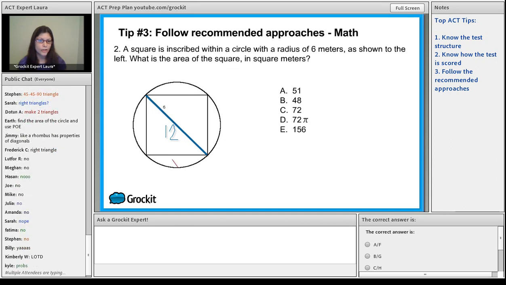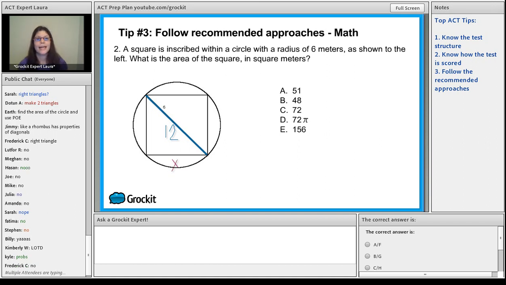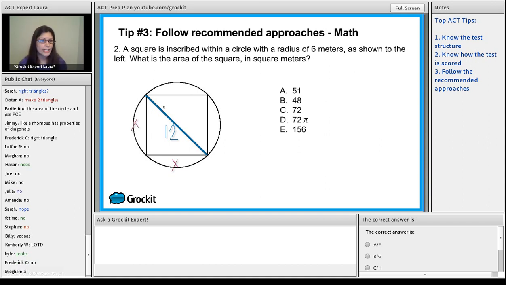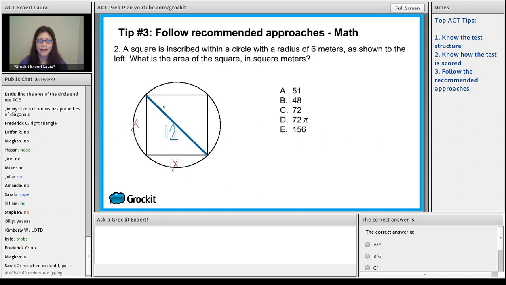X and X are actually the same size because this is a square. Can you tell us what the value of X is? And you can use Pythagorean theorem, or you can use 30, 60, 90 right triangles. Oh, I lied. Totally kidding. I meant 45, 45, 90.